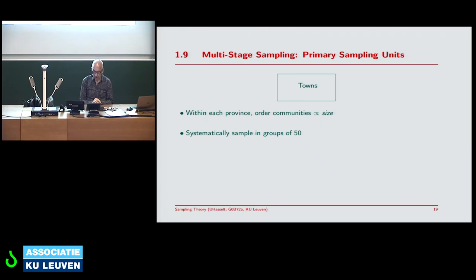Then we go next to multi-stage sampling. Well, in multi-stage sampling, here I go step by step. We just said with stratification, in my mind, I start with regions, and 2 of the regions I break up in provinces. And then I say, bingo, I have 5 plus 1, 5 Flemish plus 1 Brussels, plus 5 Walloon, plus a German community. These are 12 provincial entities, that's what it is.